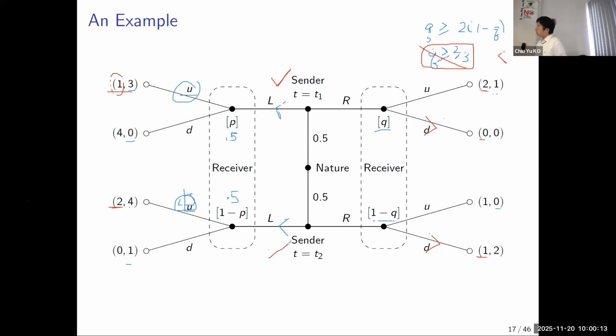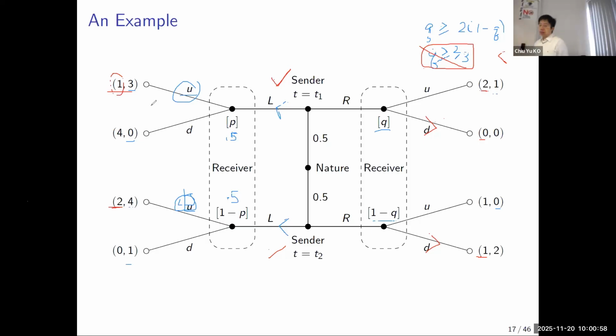So this is a pooling equilibrium where both senders will send L, and under this, the receiver's belief P will be half and half, and Q is not from the Bayes rule, but as long as Q is less than or equal to 2/3, that's okay. This will justify why D is being chosen. And because D is being chosen this way, we can support U here. So is that clear? Now we have at least 2 equilibria, 1 pooling, 1 separating. Is that clear?